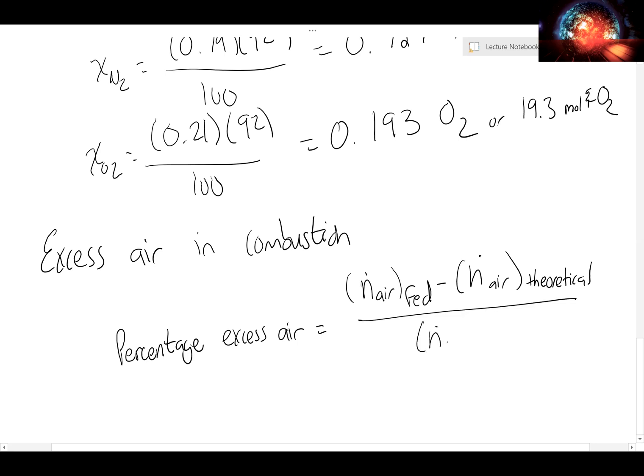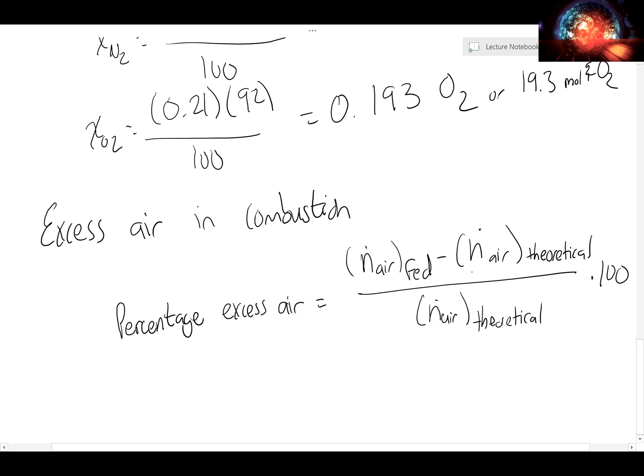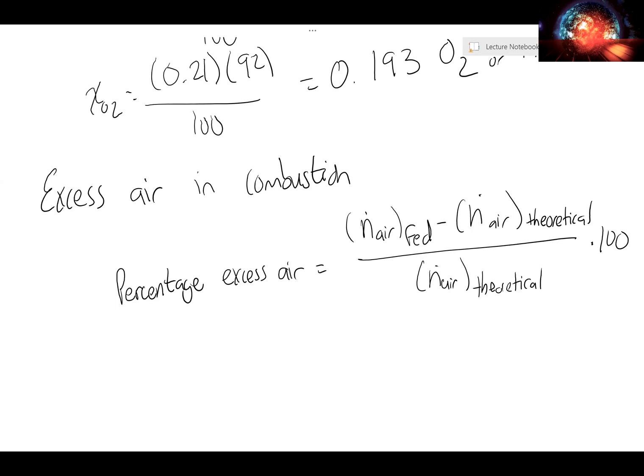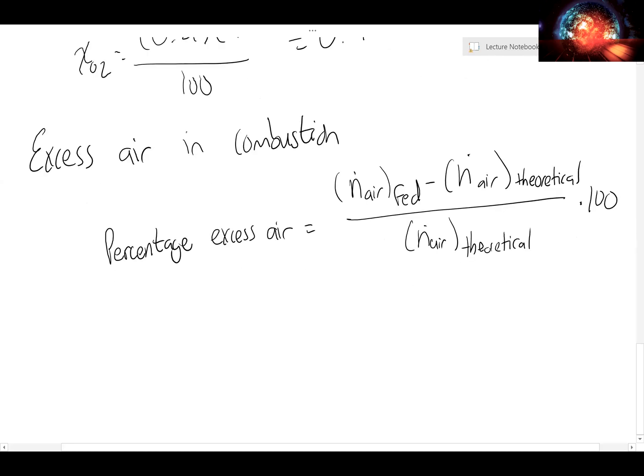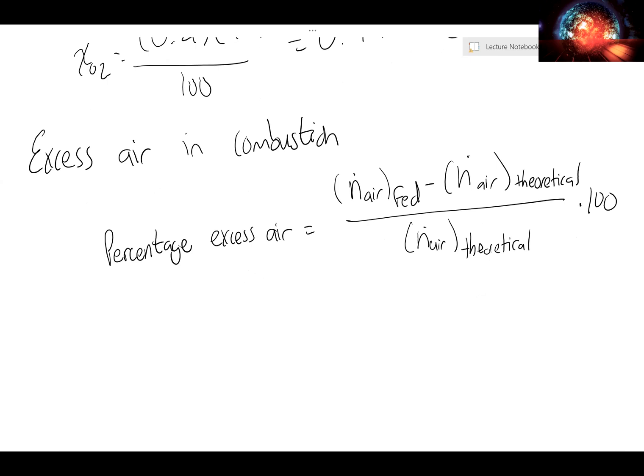Over the moles of air theoretically needed, times 100. I do want to point out here, I think when I first posted this lecture on the Blackboard site, this was written incorrectly, but I did correct it and re-upload it. But just double check the notes, or if you downloaded it last week, it should be fed minus theoretical over theoretical. And that gives you the percent excess air for the system.